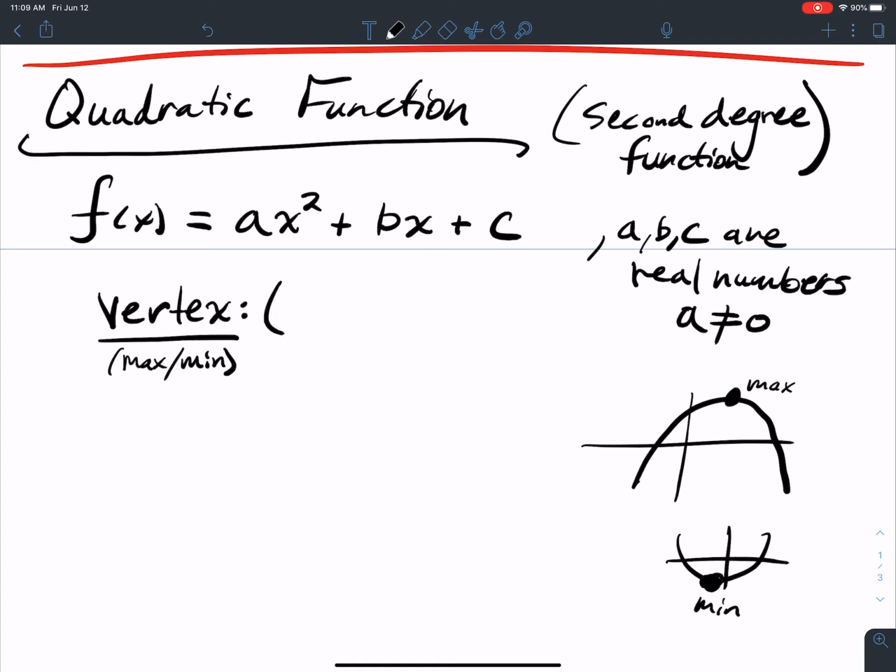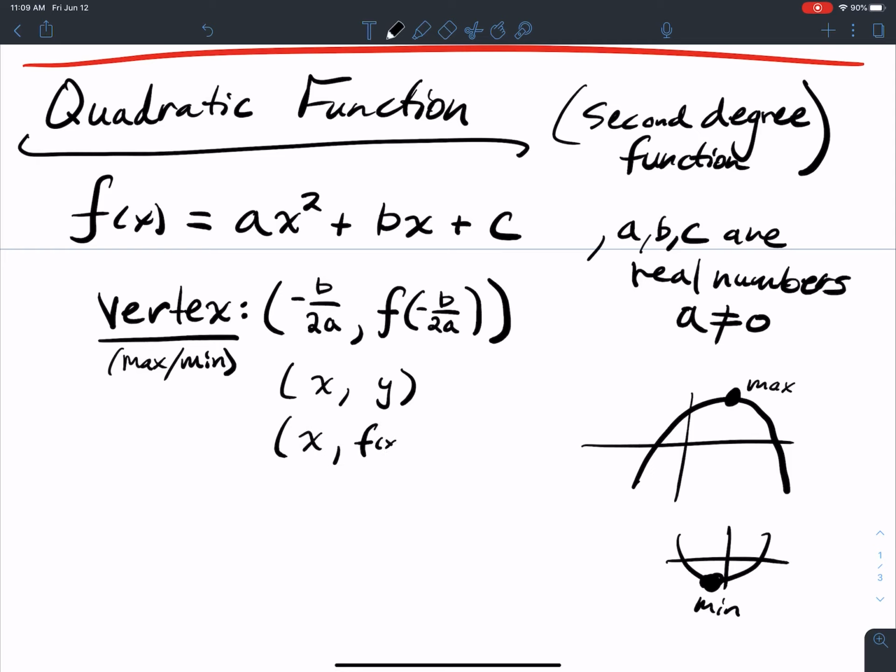So the vertex is found by negative b divided by 2a, and then evaluated at negative b over 2a. Because if you think about it, this is an xy coordinate, and y is equal to f of x. So that's why we use this format to find the vertex for a quadratic with coefficients a, b, and c.